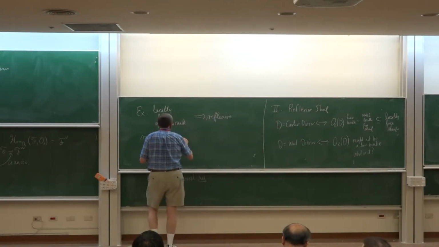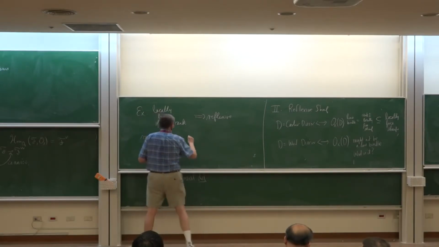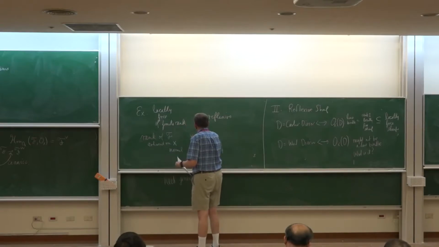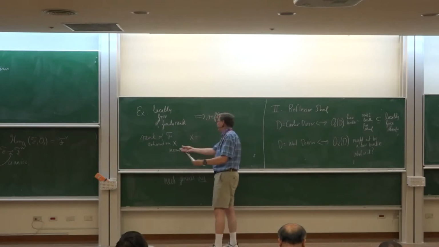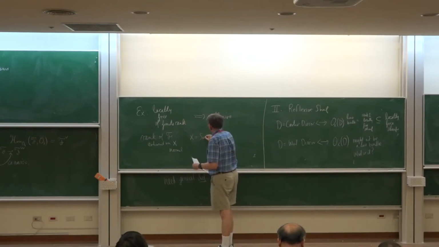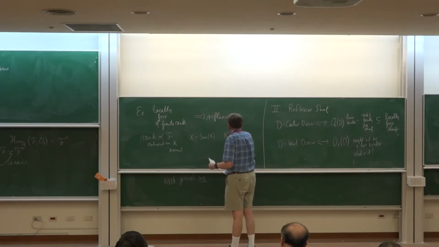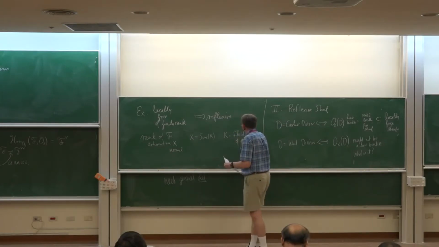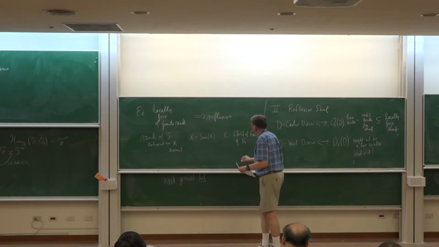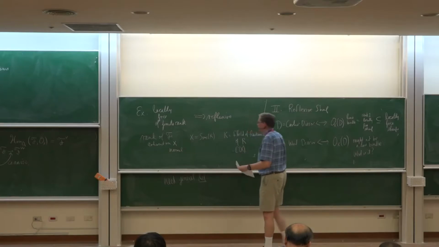The way I like to think about it is to look at an affine open piece, because rank is done generically. Suppose this is Spec R, and let K be the field of fractions of R, which is just the function field of X.